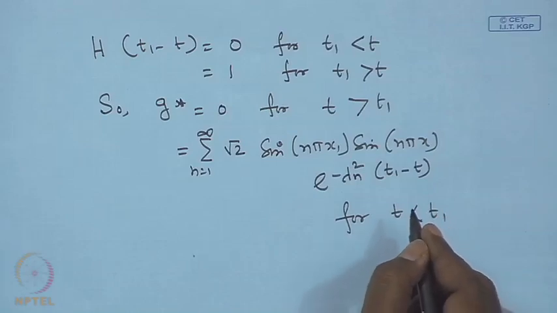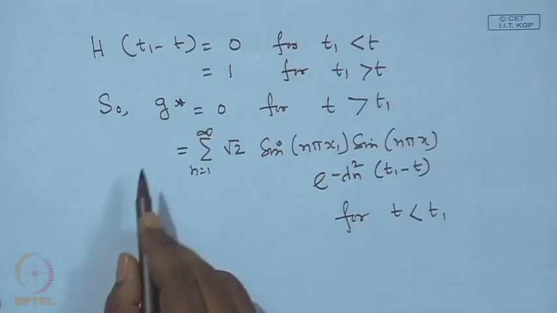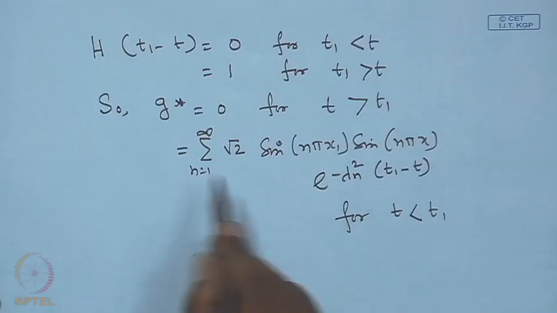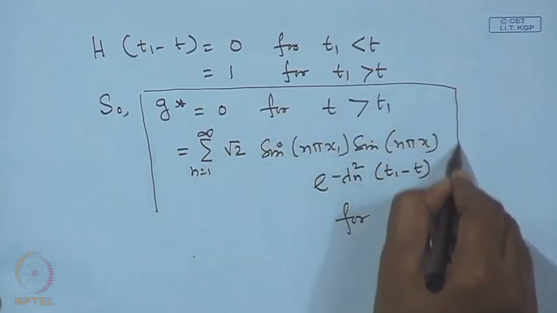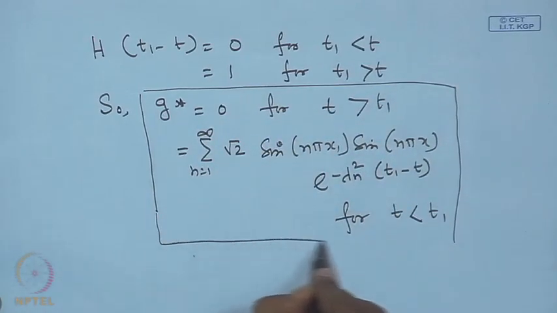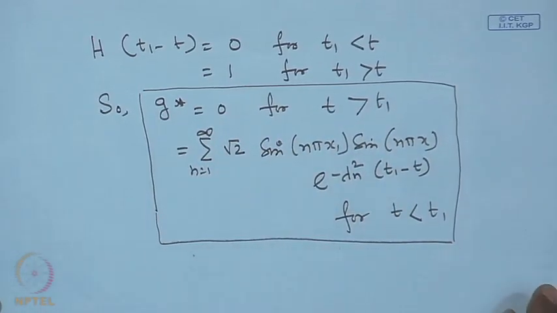So, that is the expression of the adjoint Green's function we have derived. If you remember whatever we have done, we really did not solve the governing equation of g star. We solved the governing equation of g and obtained the expression of g star.